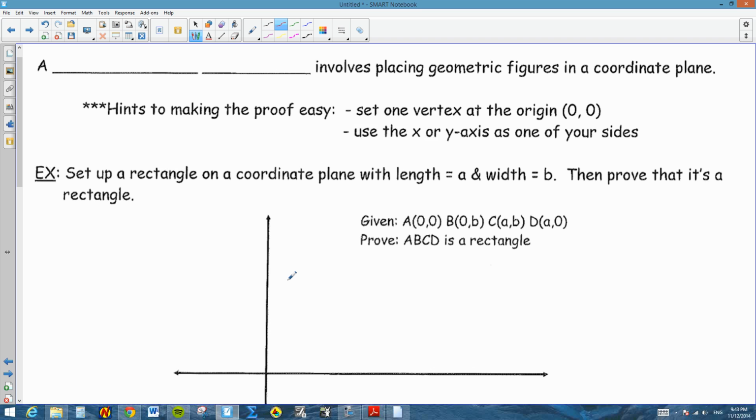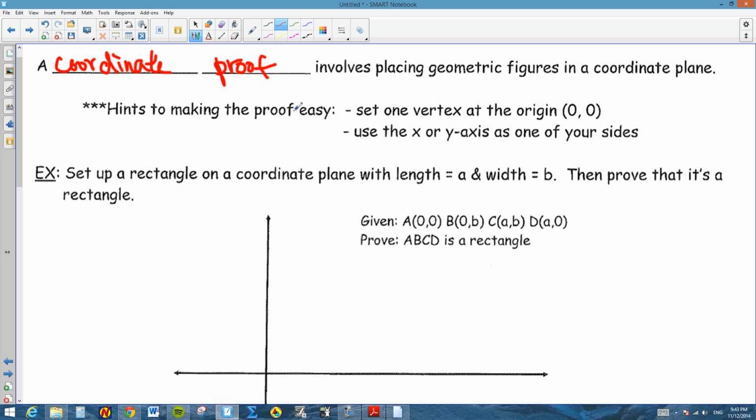Let's see the next page. Okay. Coordinate proof. How do you prove with coordinates? Coordinate proof involves placing a geometric figure in a coordinate plane.